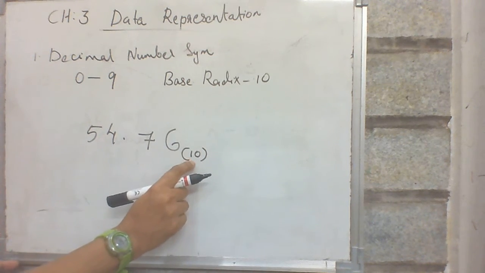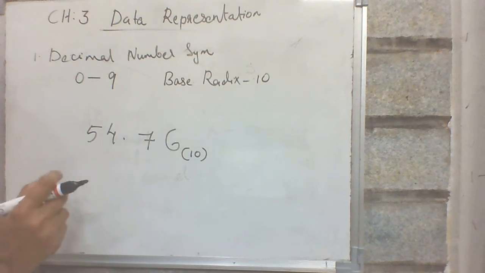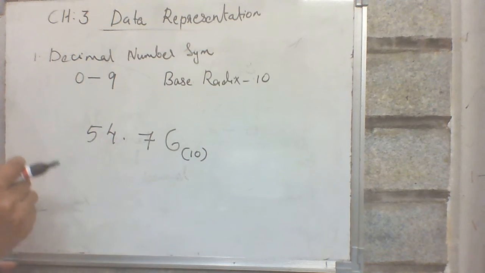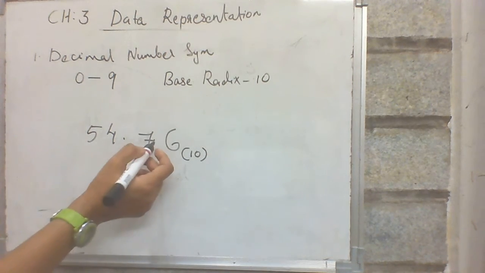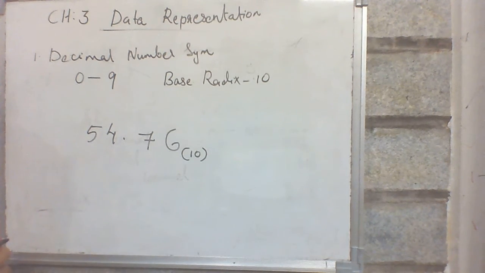Here the base radix is 10 because in the decimal number system we use the digits 0 to 9, a total of 10 digits. So how do we represent the positional values for each digit?